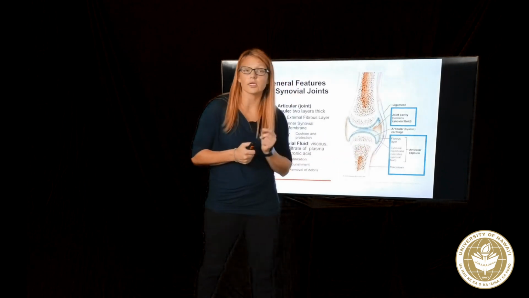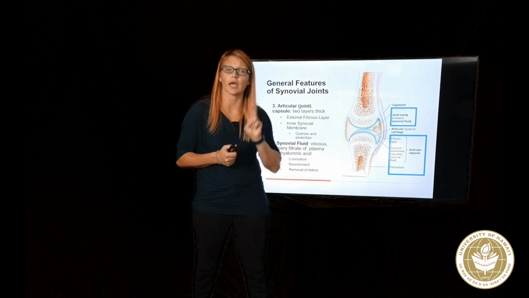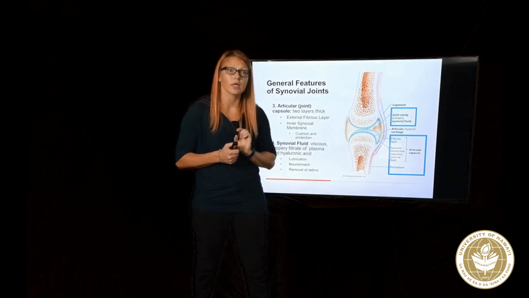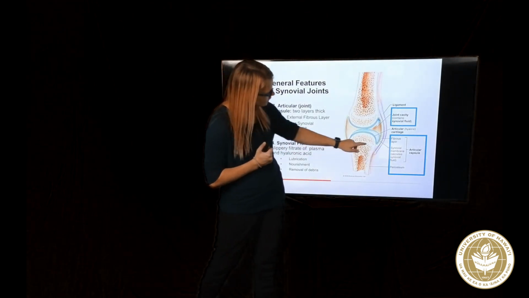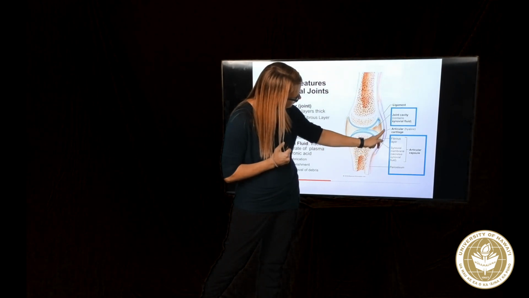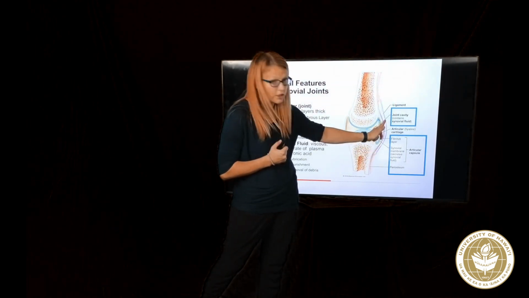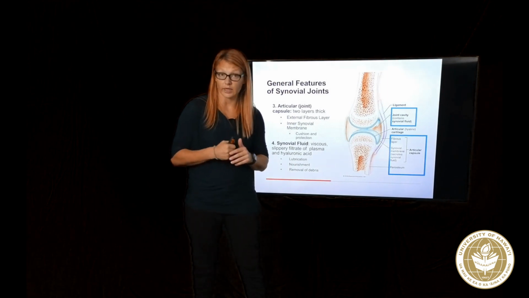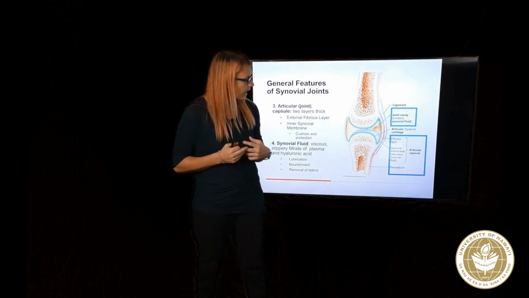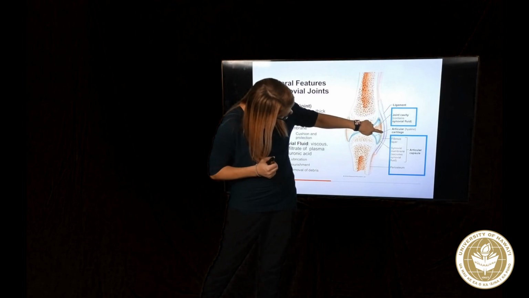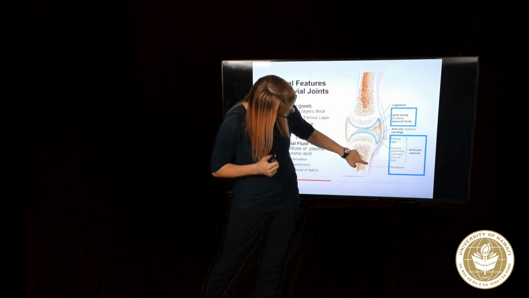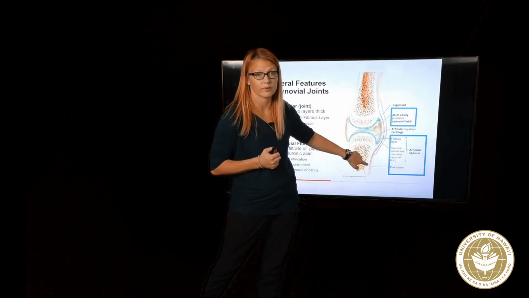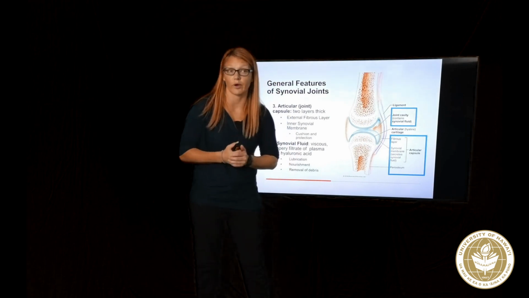So really that articular capsule is double layered. It has two different layers to it. It has this top external fibrous layer right up here, right? That region in white there. And this is made up of dense, irregular connective tissue. And that continues on, if you look, goes all the way down here to the periosteum of the articulating bone.